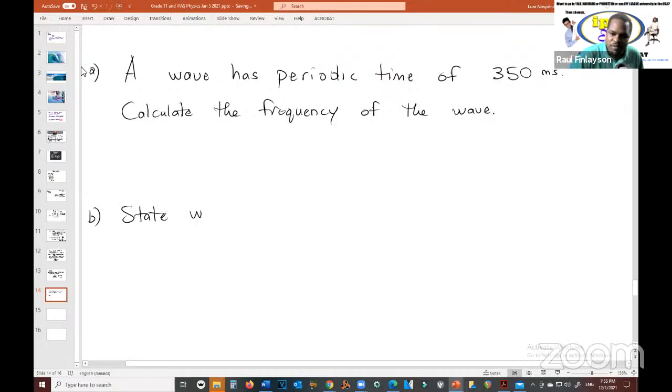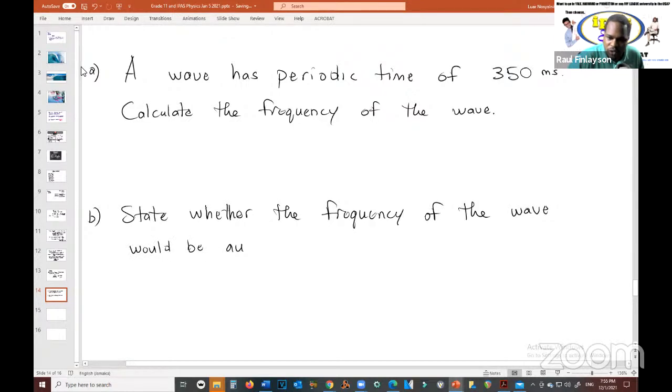State whether the frequency of the wave would be audible, visible, or tangible.